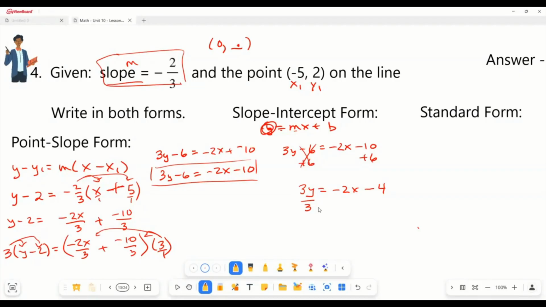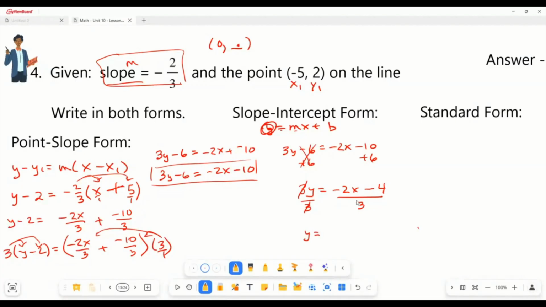The opposite of adding is subtracting. The opposite of subtracting is adding. The opposite of multiplying is dividing. The opposite of dividing is multiplying. If I divide this side by 3, I've got to divide that side by 3. These divide out. That's why we did it, so those can be crossed out and leave y.